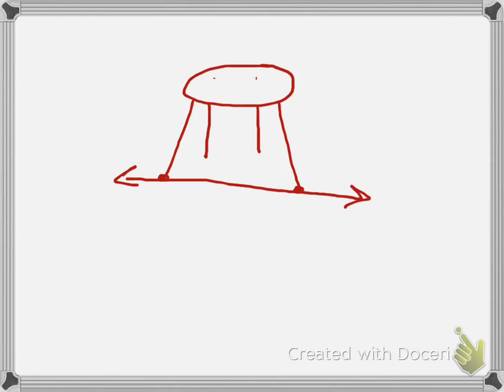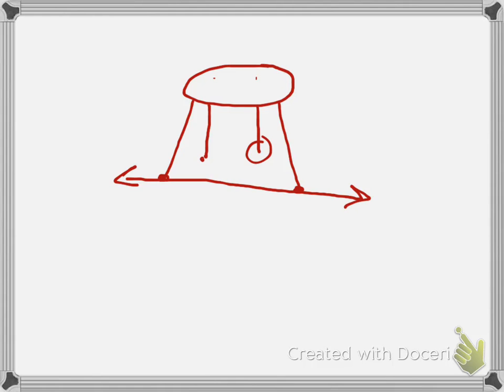If this leg and this leg are not the same length, what's going to happen? It's going to rest on one of these points, and this fourth leg might be sitting up.